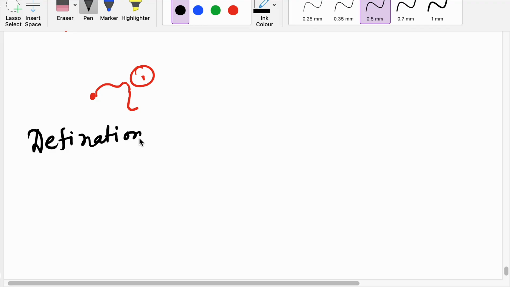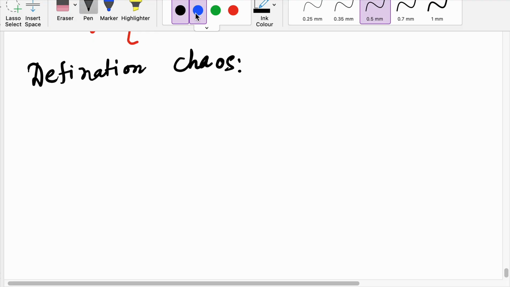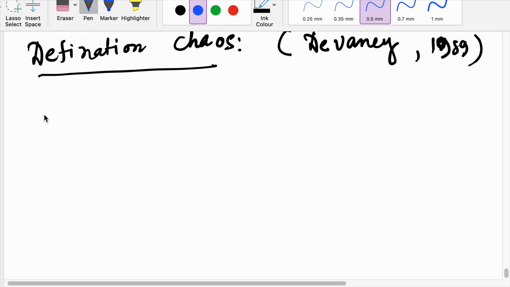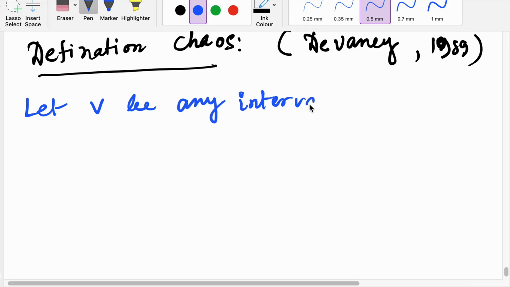Definition of chaos. This is the definition of Devaney, given in 1989. Let V be any interval.